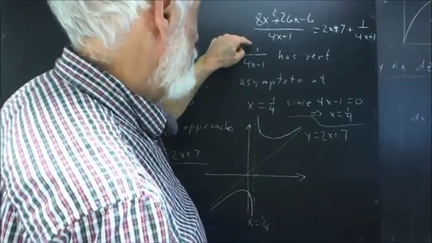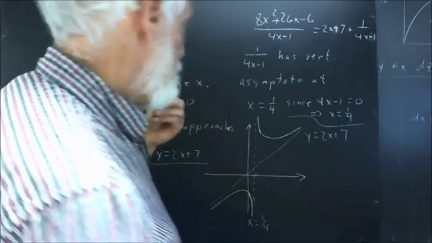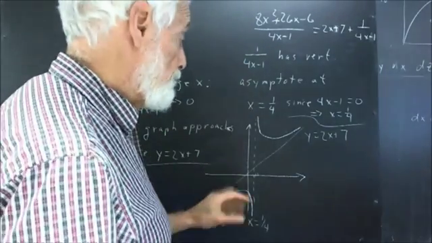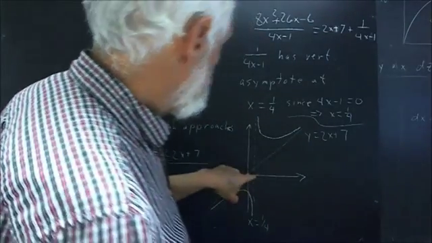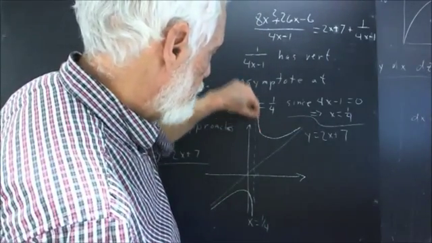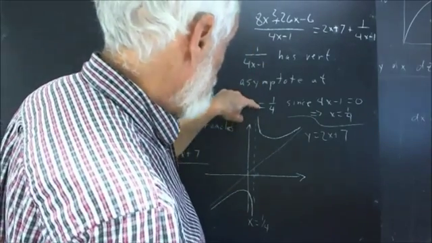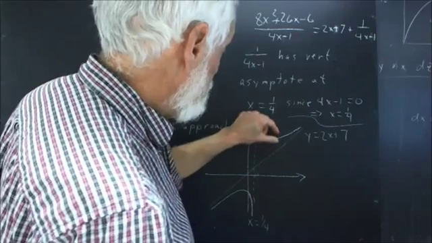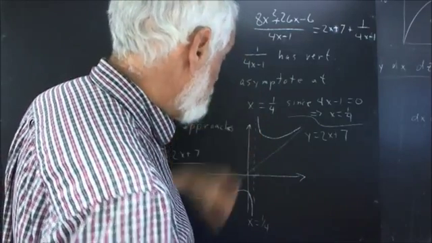When you divide 1 by a tiny positive number, you get a big positive number. So on this side you have the vertical asymptote where the value of the function approaches infinity through positive values.